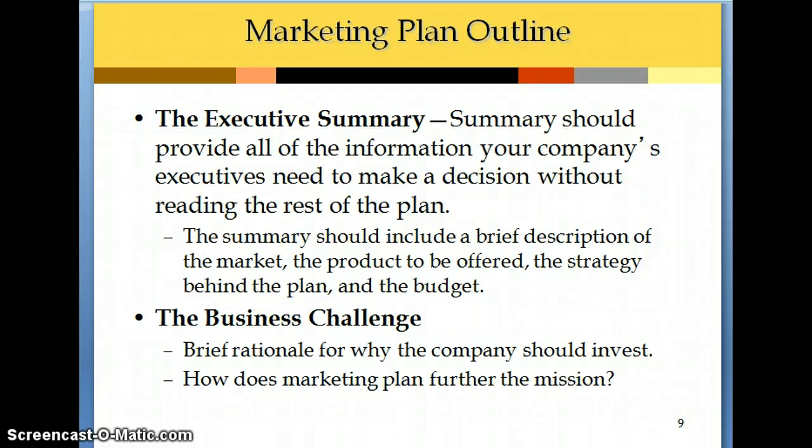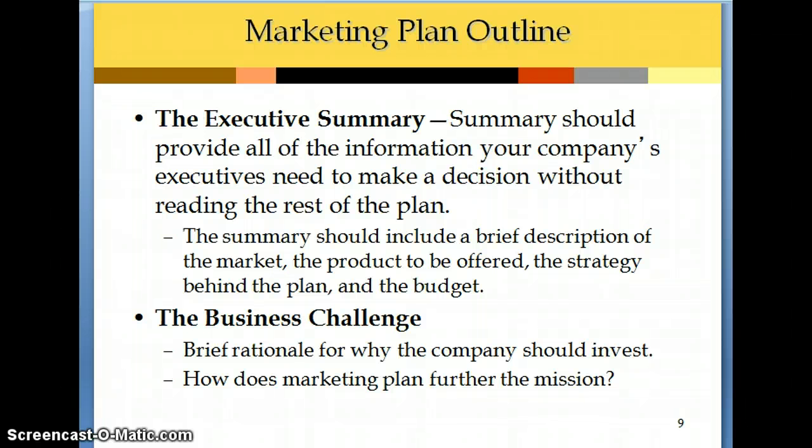One of the most important components of the marketing plan is the executive summary. The summary should provide actually all the information your company's executives need to make a conscious decision without reading the rest of the plan. So if you imagine that you're a CMO of an organization and you are presenting the marketing plan in front of your board of directors or executives, you should have the most important objective of the plan, which should be measurable and achievable, as part of your executive summary.